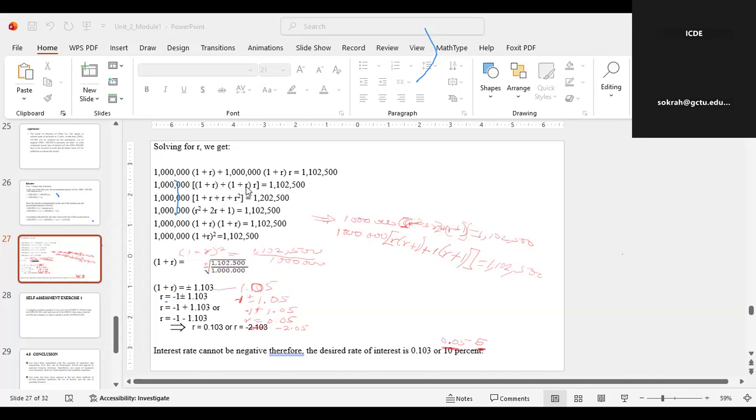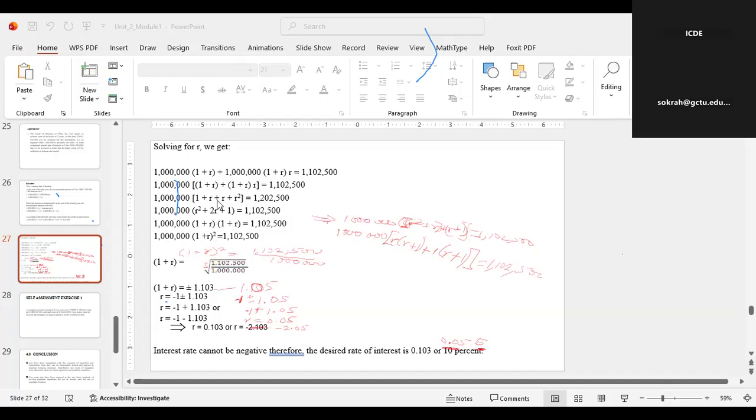Plus, now I expand the other bracket. So the R will multiply 1, and that gives us R. And the same R will multiply the R inside the bracket there, and that gave us R squared. So you see that I have removed those brackets there. I'm left with the square bracket. And it's equal to what? The figure that the question gave us.